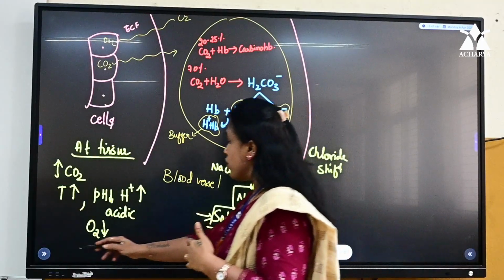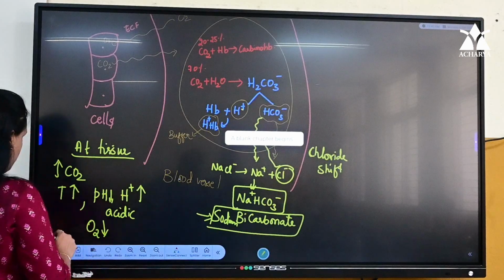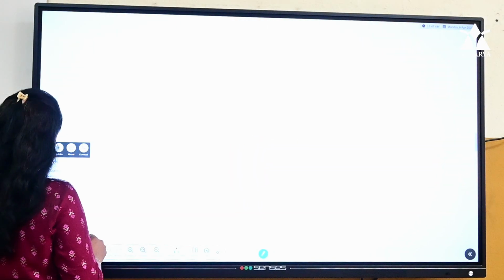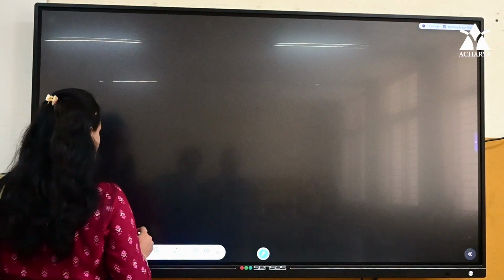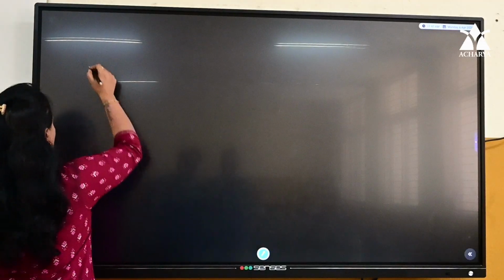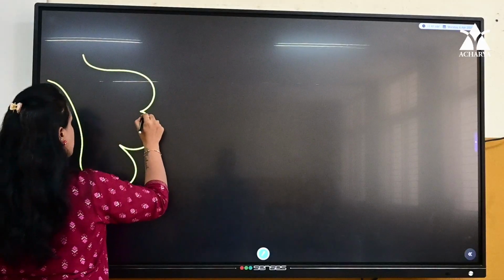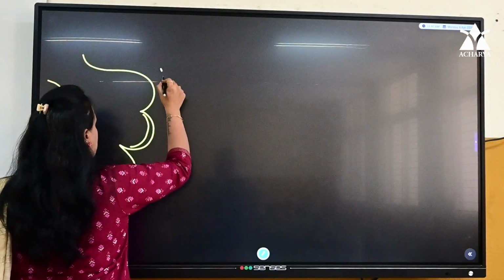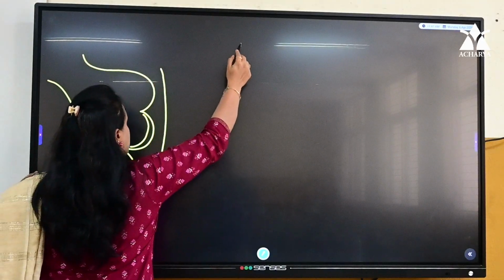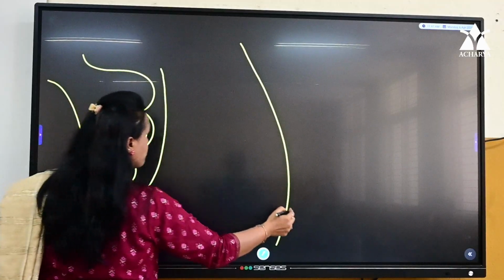surface where, so let us assume the alveoli. Okay, this is the thin squamous epithelium. This is the basement substance, and this is the capillary. What is this one?